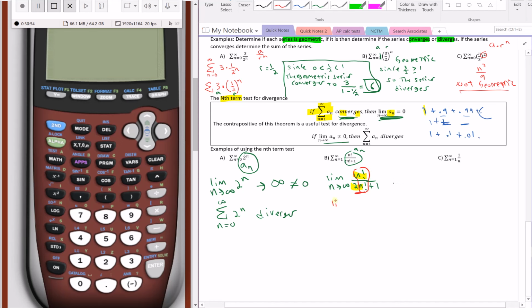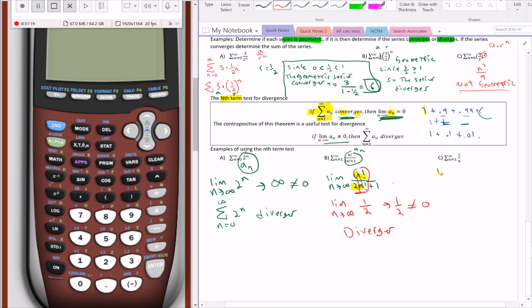So we can use our end behavior model basically and say that those cancel out. So we're left with this, which approaches 1/2. So the limit as n goes to infinity of the nth term is 1/2, which is not 0, right? Therefore, we can say it diverges. My apologies. That was a big mistake.